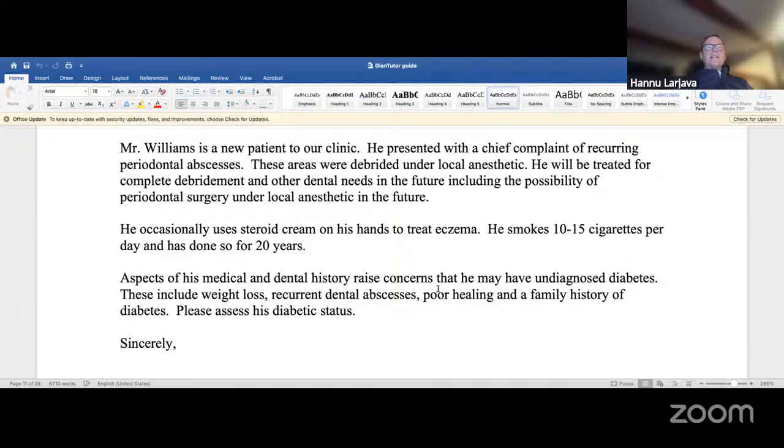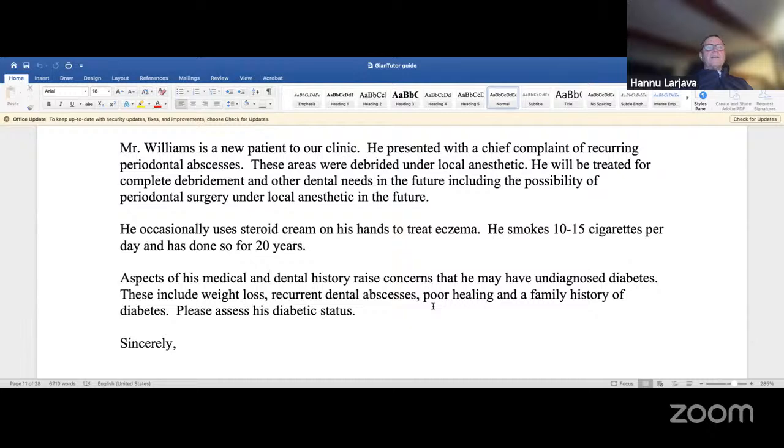So basically asking the physician to make the diagnosis. I know that in some clinics, the dentist can do the glycosylated hemoglobin measurements in their office and use that as a guide. But we have to get the medical folks involved in the treatment anyway.